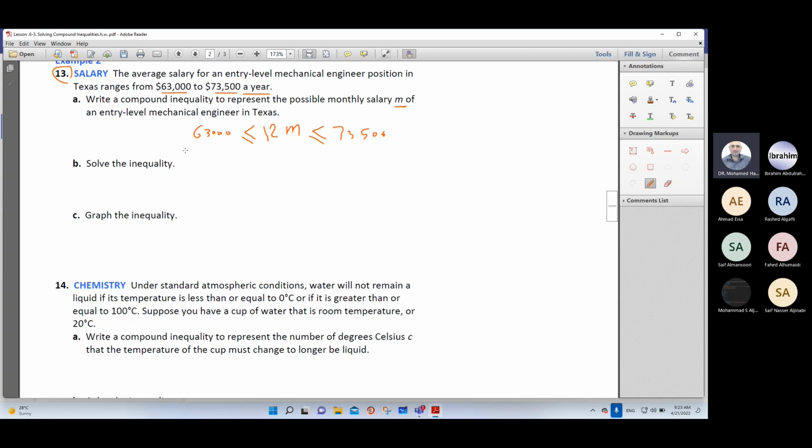Yes, to solve this inequality, we can divide all sides by 12. Here will be m, less than or equal, greater than or equal. We want to divide 63,000 by 12.